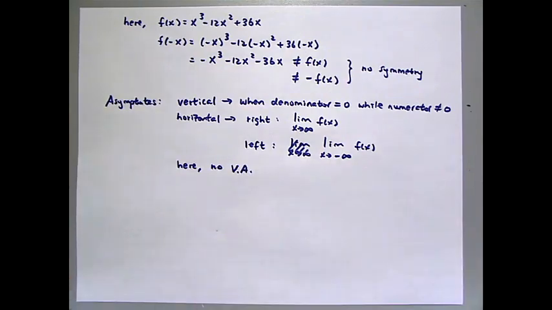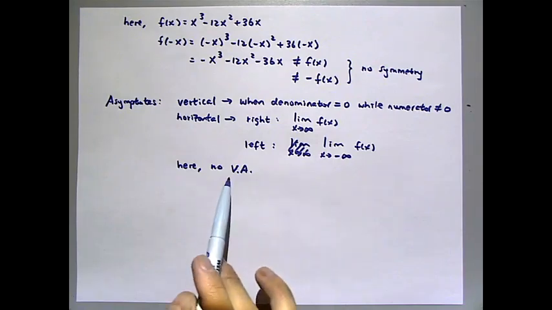For the function we're looking at here, there's clearly no vertical asymptote. There's no way I can make the denominator 0. The denominator is a 1, right? There's no way I can make it equal to 0. So no vertical asymptote.